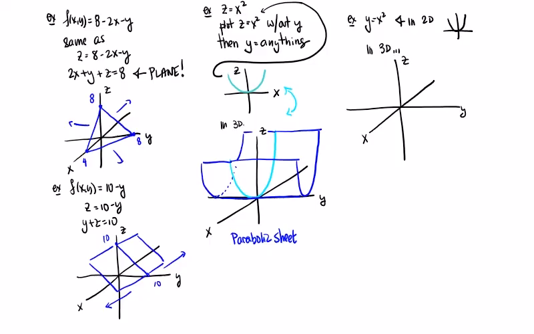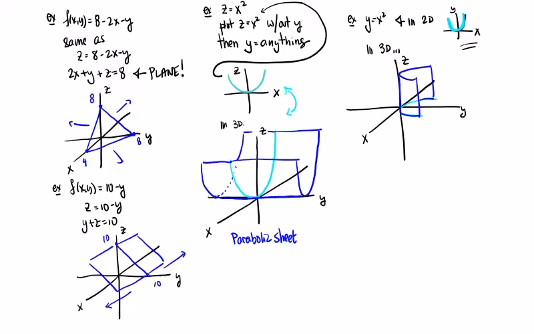The y equals x squared goes like this. Up here, with the x-axis and the y-axis, this wraps around the y-axis. Then we extend it in the z direction. We get another parabolic sheet like that. And just to keep in mind, it goes up and down forever, and it opens out to the right forever and ever. It doesn't stop, but typically we just draw a piece of it because otherwise it becomes an unreasonable thing to draw.